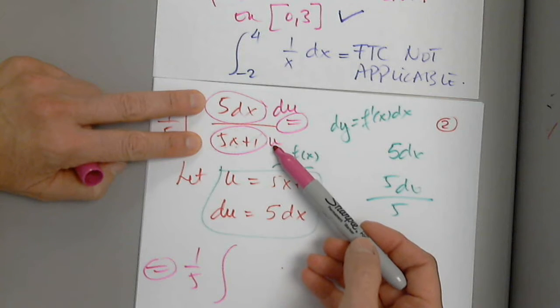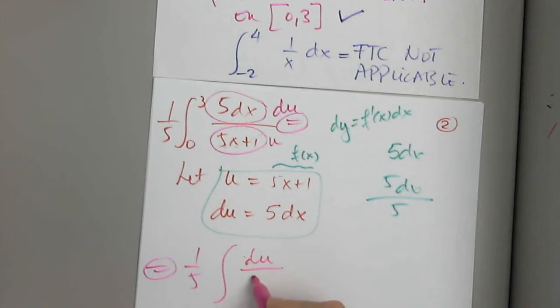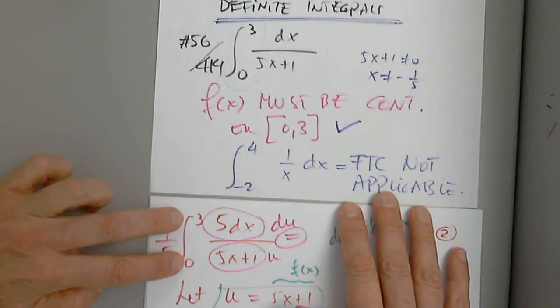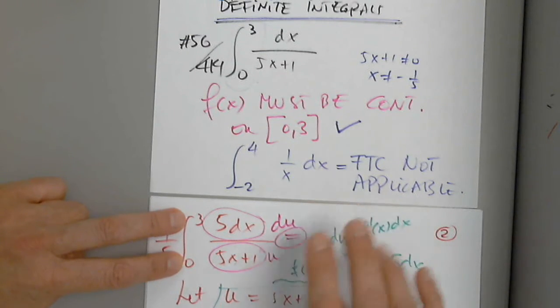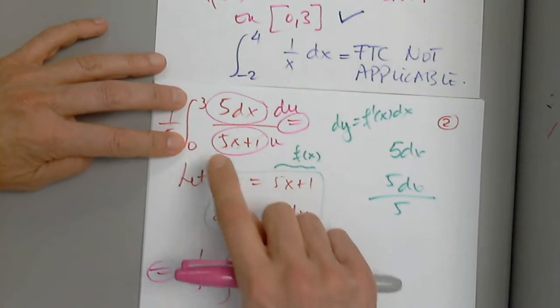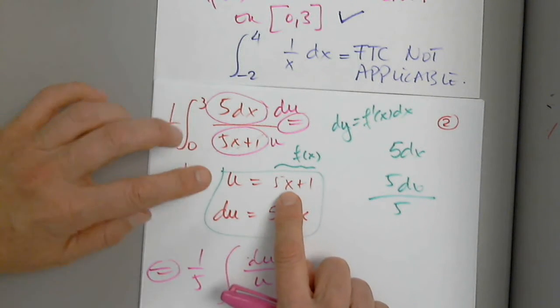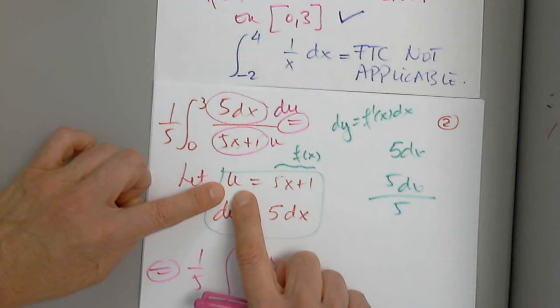Du over u. Very good. Now keep in mind, these limits of integration from 0 to 3 are for which variable? Not dx, dx is not a variable. For x. So when x is 0, what will be the lower limit for u? 1.